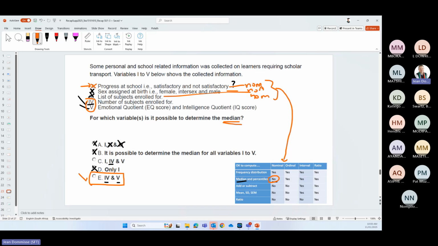Okay, it would have been different if this one had some kind of order, so if it was ranked in classifications of A, B, C, D, or E. Then it would have been different.